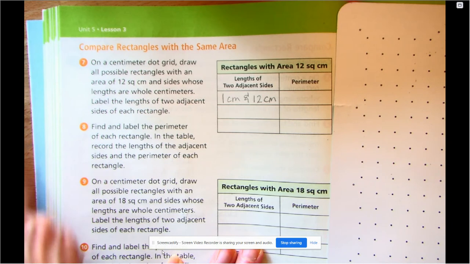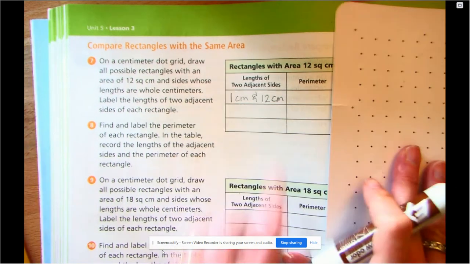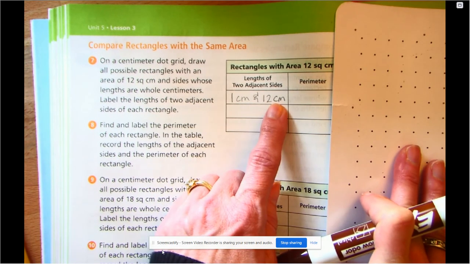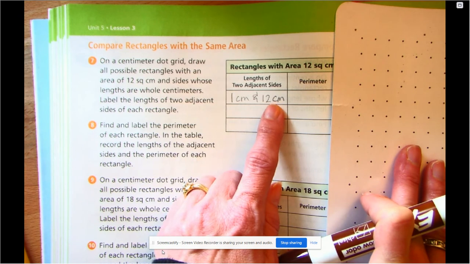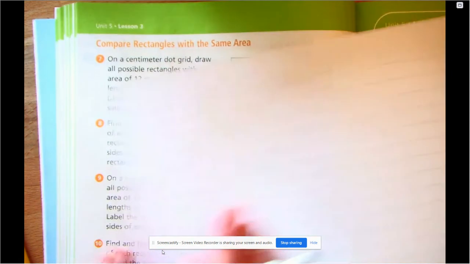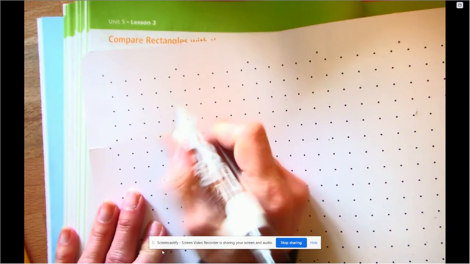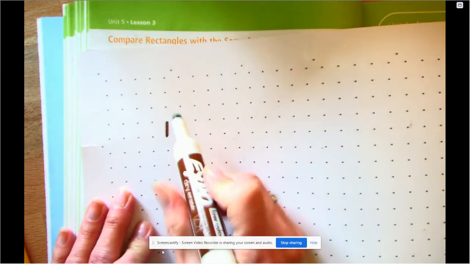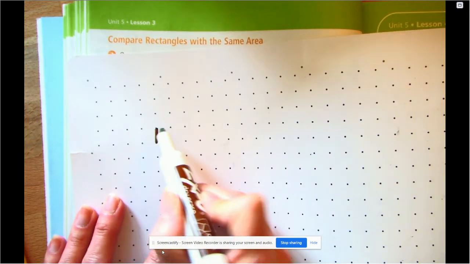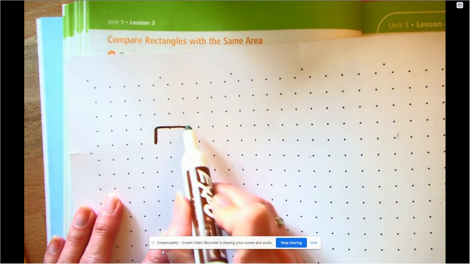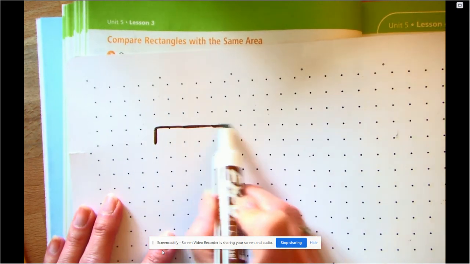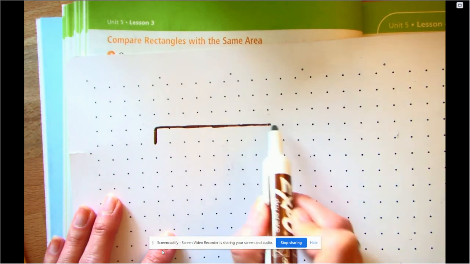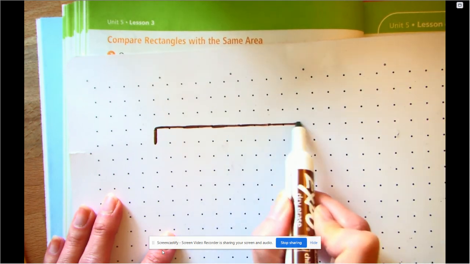So if I draw 1 centimeter and 12 centimeters, those are my adjacent sides, the ones that are next to each other. Here's one space, 1 centimeter, and I'm going to draw 12. I'm going to do them in groups of 2, a little bit faster. 2, 4, 6, 8, 10, 12.